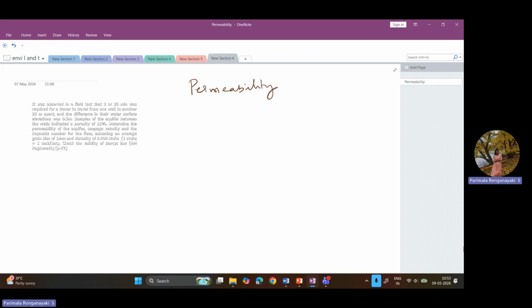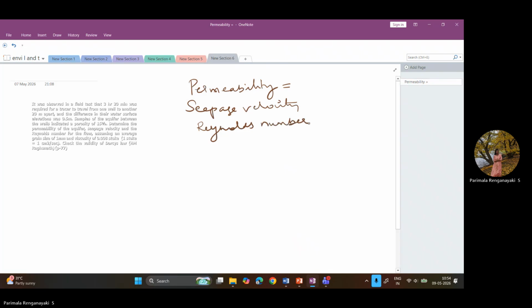The permeability, let us do permeability. Seepage velocity. And Reynolds number.